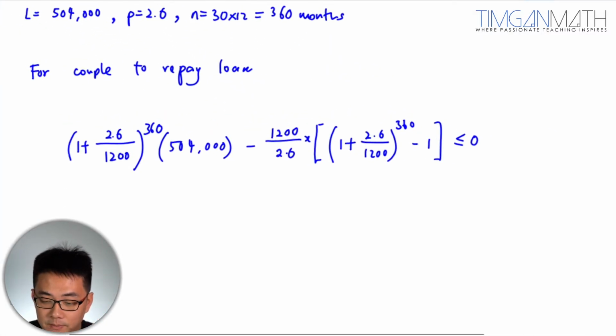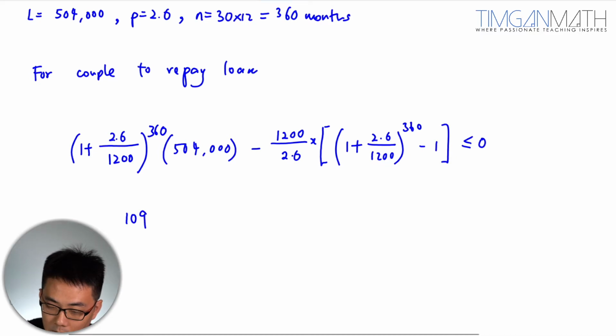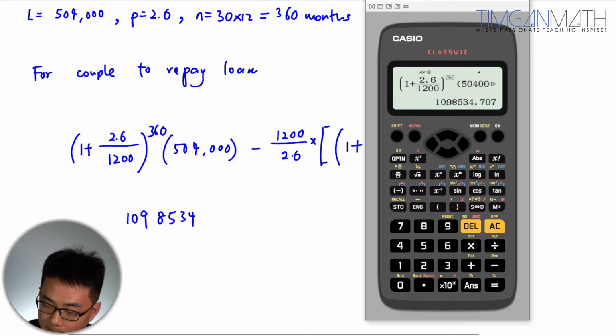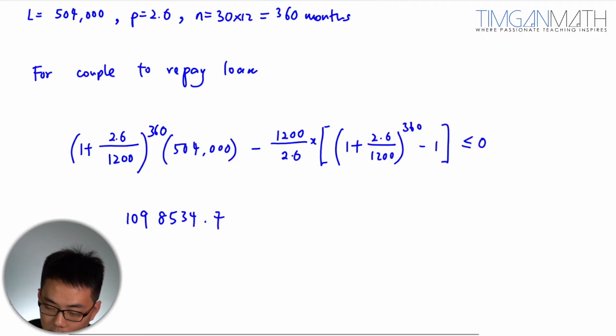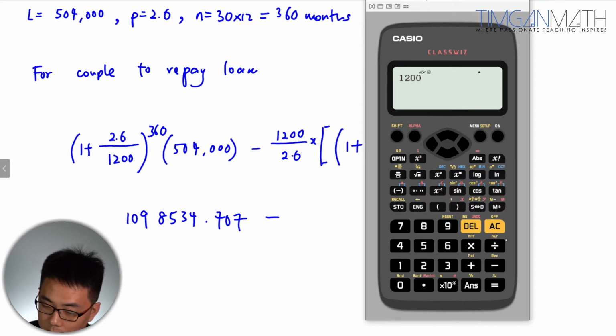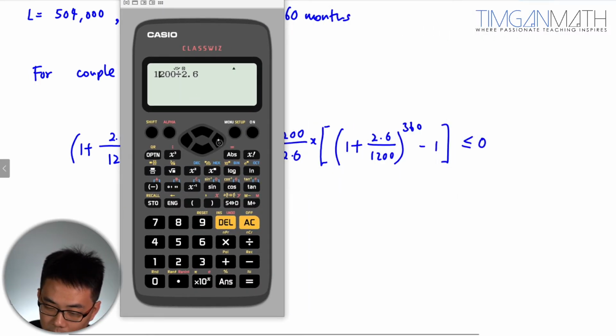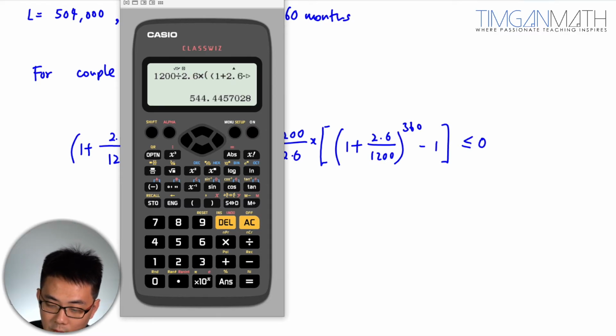This is just a linear inequality. We got 1098534.707, 1200 divided by 0.6, multiplied by the whole thing behind here. 544.445.